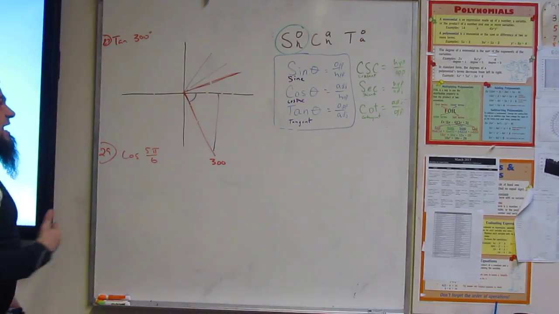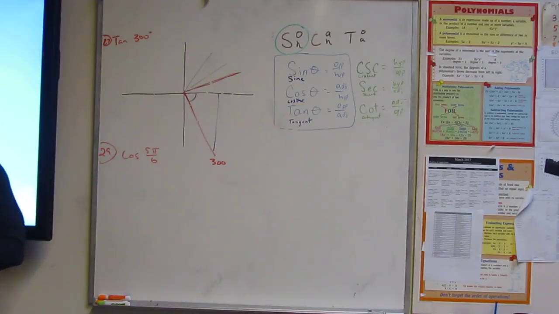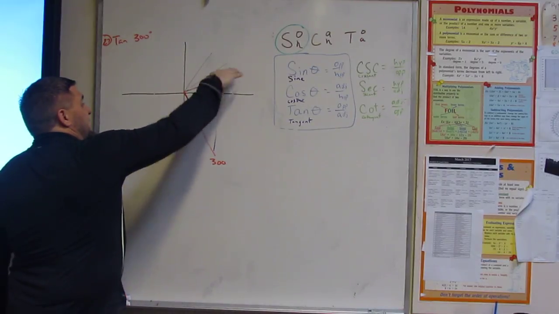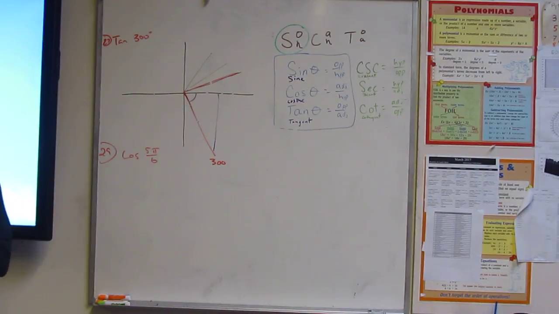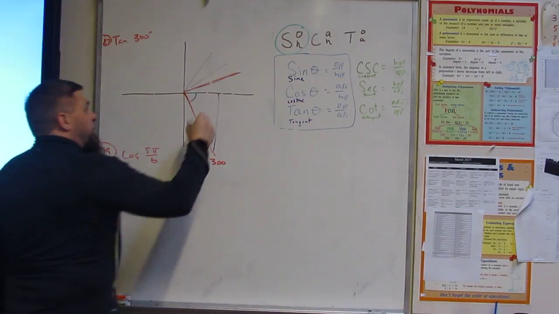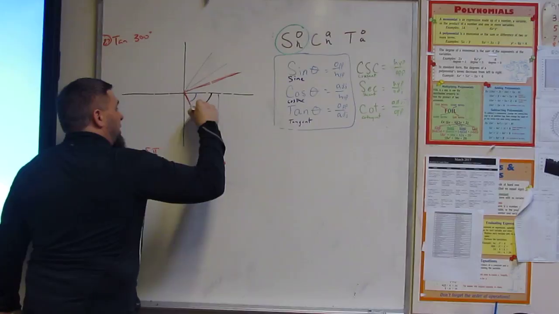Because it's coming up as a negative, okay? And the one thing I would look at here is when this angle is down like this, then this looks like it's a negative angle, right? And remember I said the reference angles are not negative?